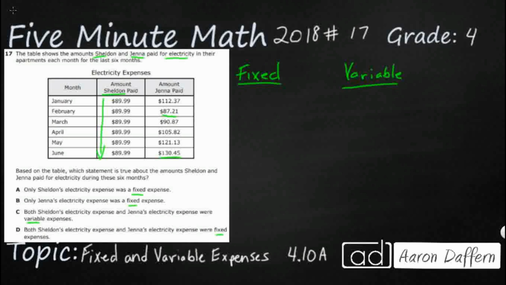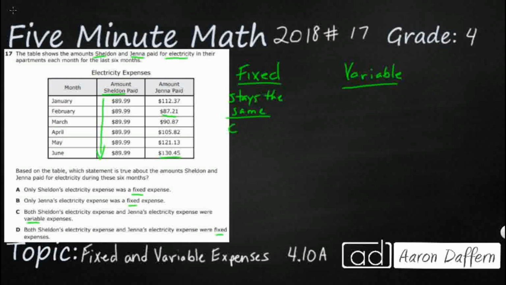When something is fixed, we're not talking about something that's broken. That's another definition for the word fixed. But when something is fixed, in this sense, we're talking about something that stays the same. So if something is a fixed expense, it stays the same, stays constant.